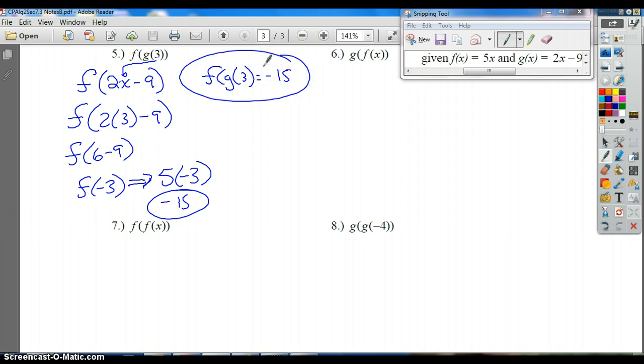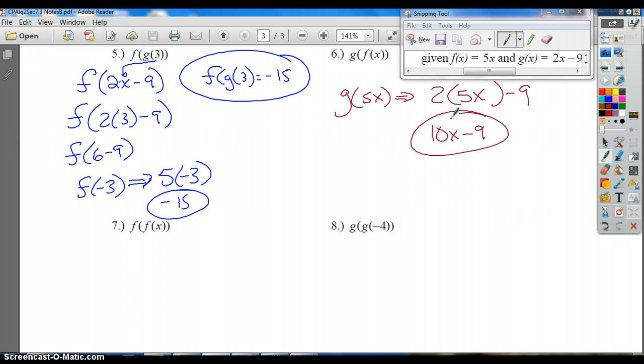And g of x. Let's go to the next guy. So we have g, I'm going to put 5x in for f of x. Now I'm going to write g of x. So this time I'm going to leave a blank for the x's. I'm going to put in 5x there. This is 10x minus 9. No like terms to combine. Going down to f of x.